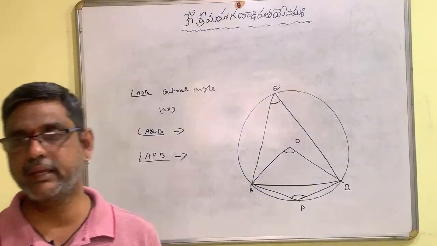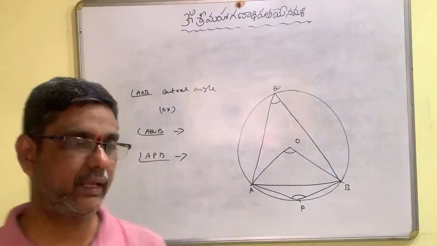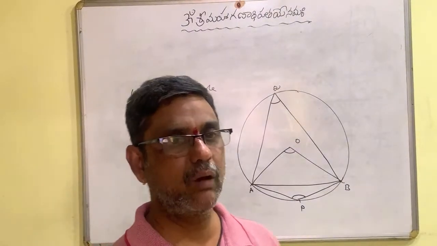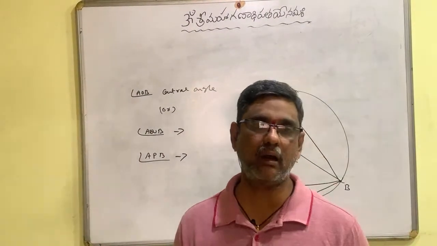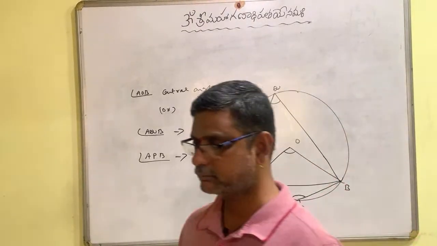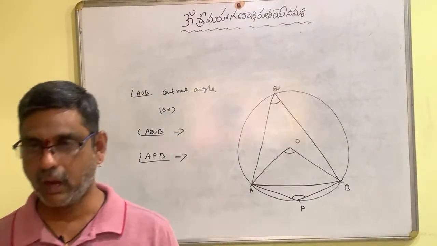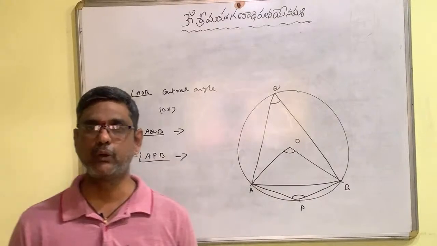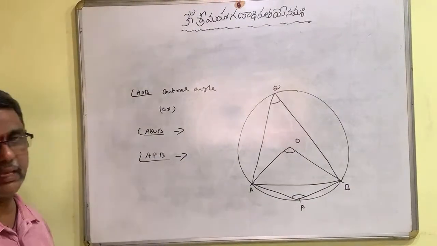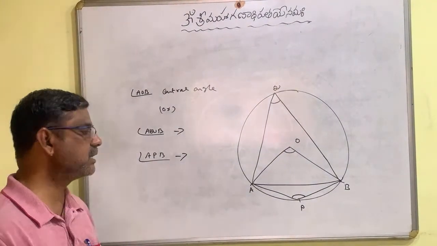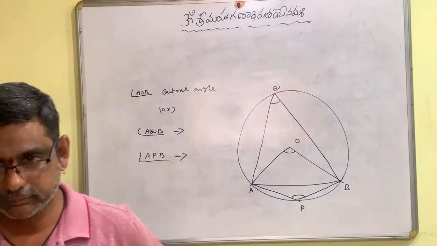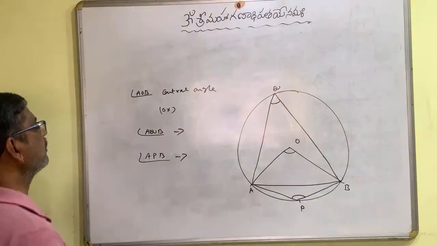Next, angle AQB is the angle subtended by chord AB at a point Q on the circle. And angle APB is the angle subtended by chord AB at a point P on the circle. Okay?